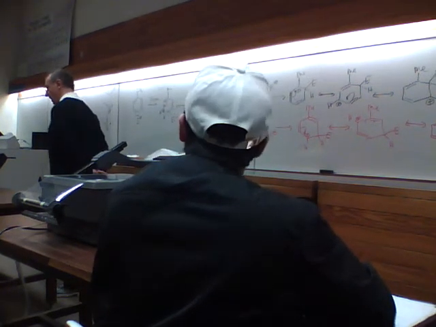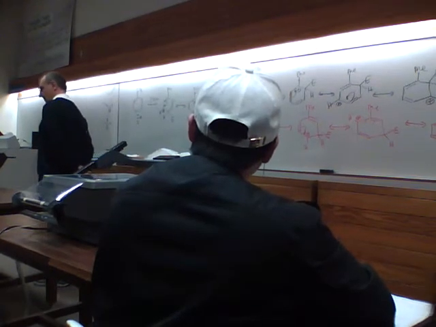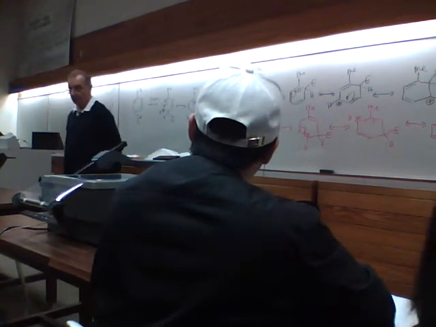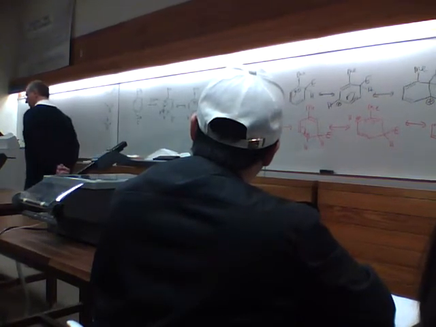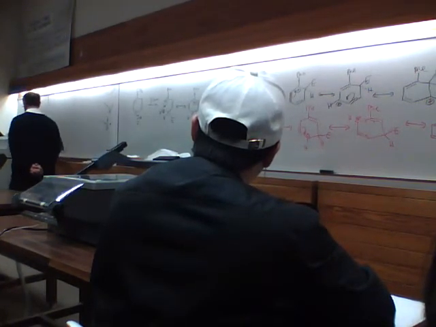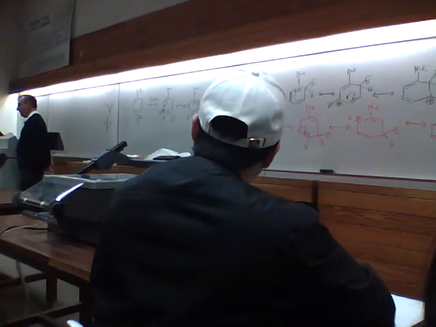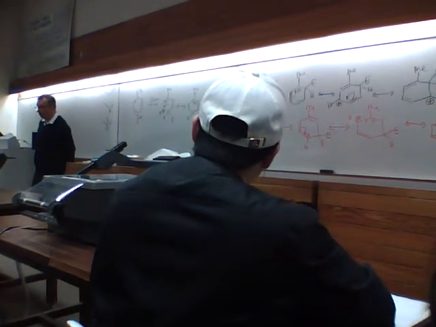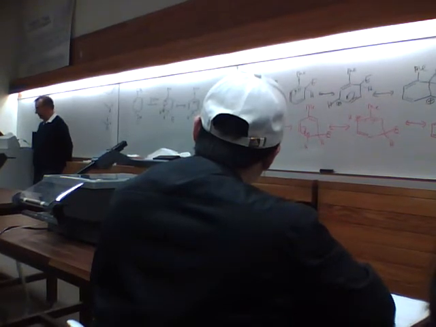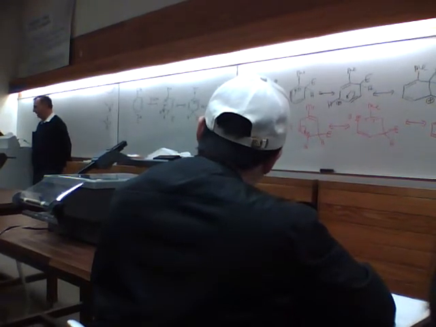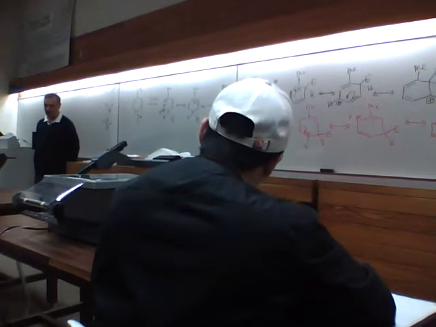And the procedure that I'll use is to first play dumb, pretend I don't know, write down all the possibilities, and I should then see that for ortho and para substitution, there's something about the resonance structures that makes them more favorable than the resonance structures for meta substitution.